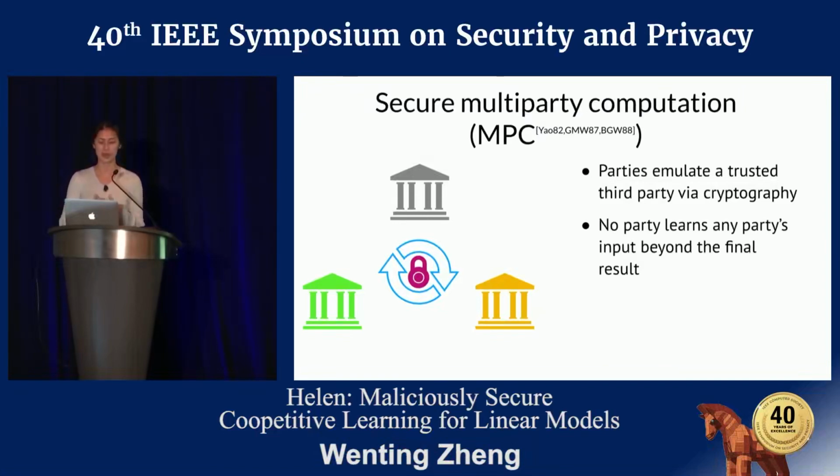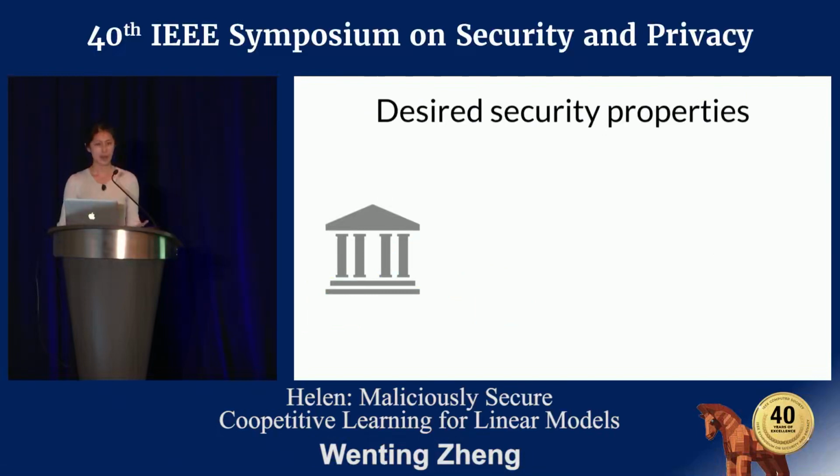This gives you the security guarantees of utilizing an ideal trusted third-party service. Now, our bank has heard about MPC and is very excited to utilize it to compute this fraud detection model. It wants to make sure that its desired security properties are satisfied.